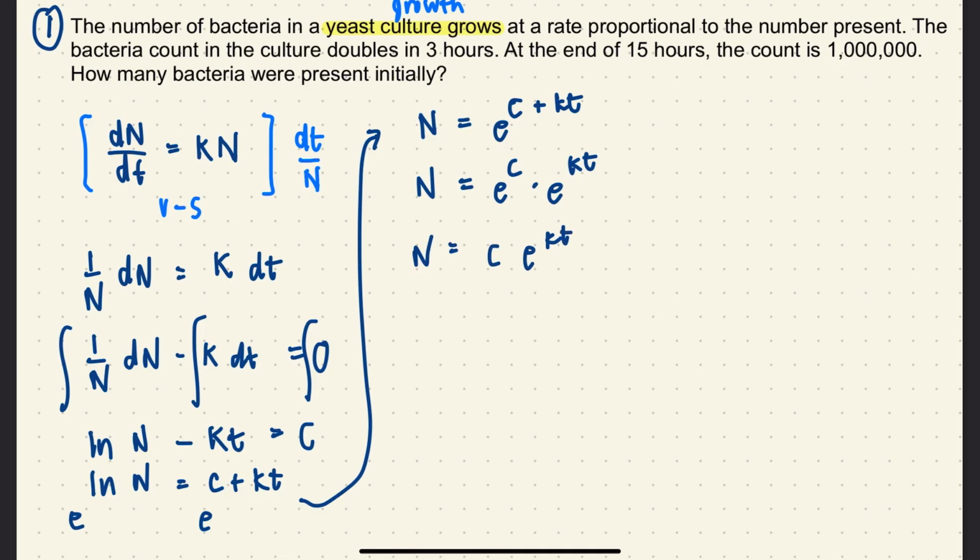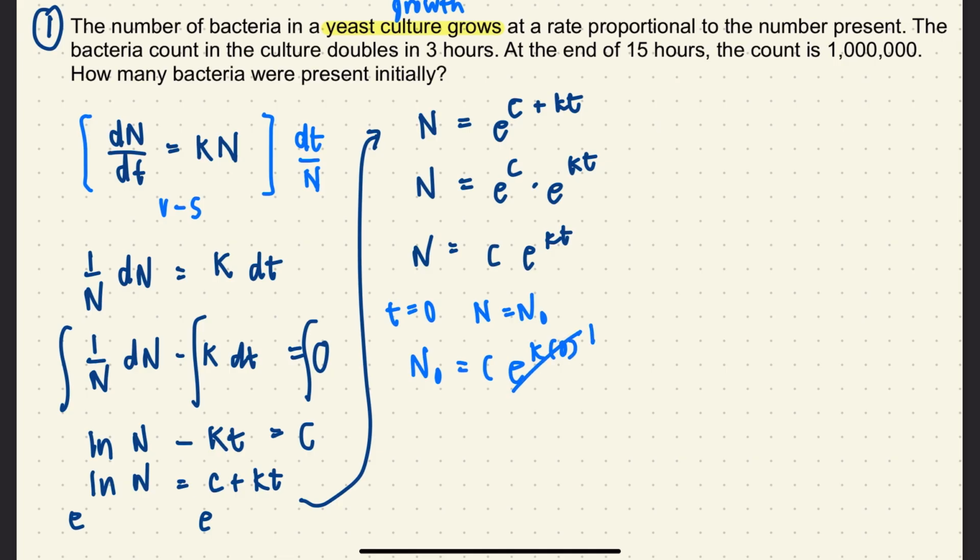Solving for c, let's say you're given an initial value that at t equals 0, you're being asked for your n sub o. This is what is being asked. And when we substitute it, it becomes n sub o is equal to c e raised to k times 0.